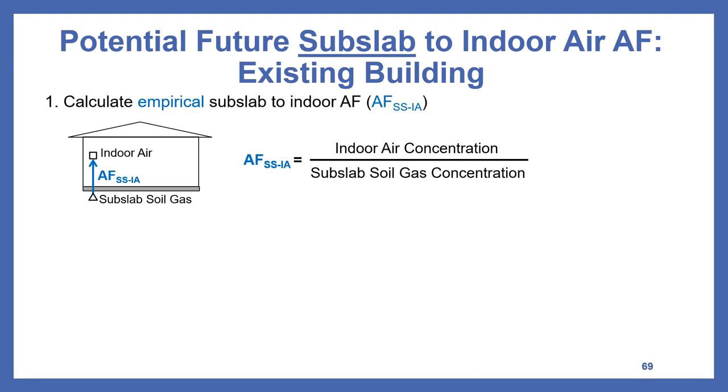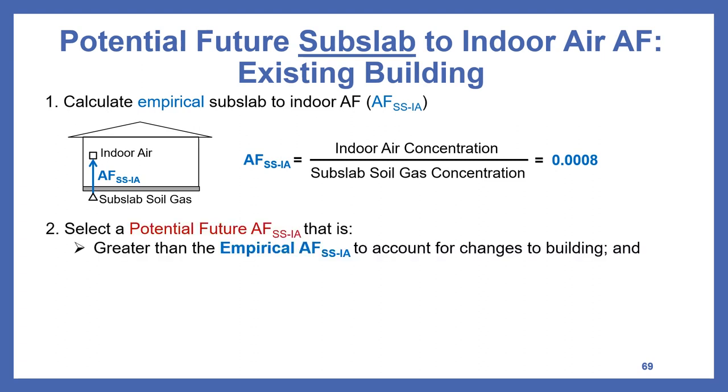And then it's going to be a really site-specific decision whether or not you're going to average the data in any way. But ultimately, you're going to divide the indoor air concentration by the subslab soil gas concentration to get that empirical attenuation factor. And for an example, we're just going to use 0.0008 for our empirical attenuation factor.